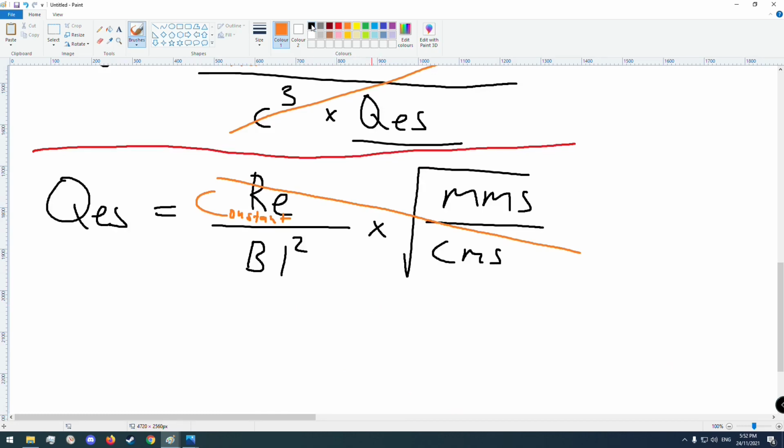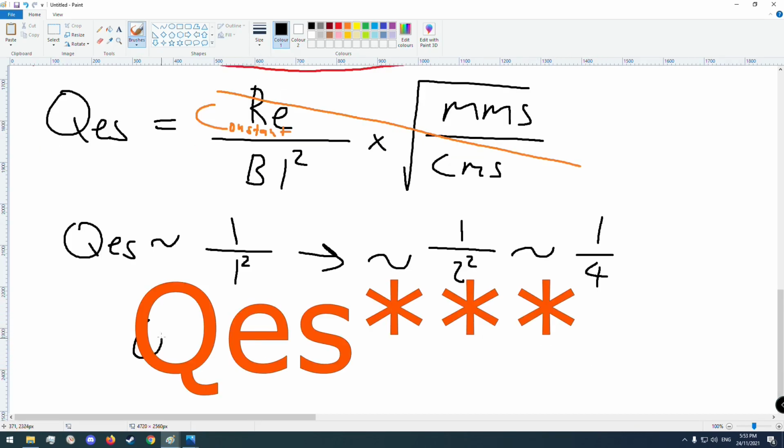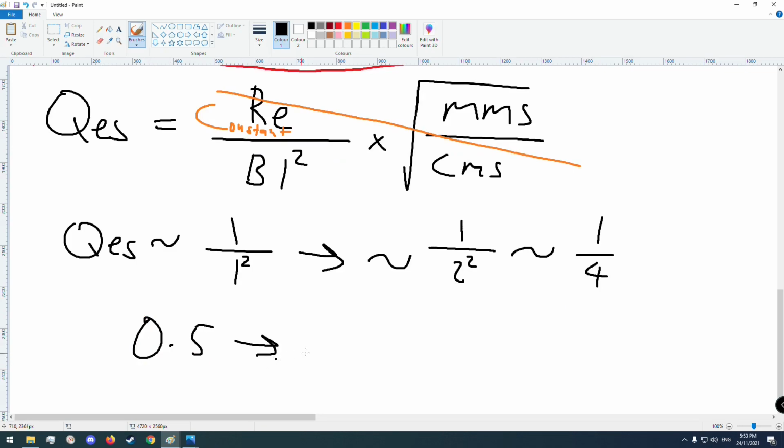The QES would go from, relatively speaking, 1/1 squared to 1/2 squared, which is 1/4. So if our old QTS was 0.5, our new QTS would be 0.125, which is extremely low. This represents a lot of damping.